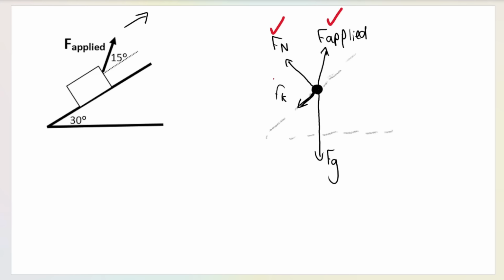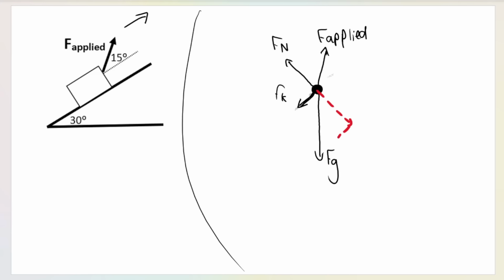mark for each force. You do not break the forces up into their components. But when we do our Newton's law question, it is useful to do a rough version where we do break it up into components. Let me just show you what that would look like. Fg has a perpendicular component and a parallel component. This would be Fg parallel because it's parallel to the slope.